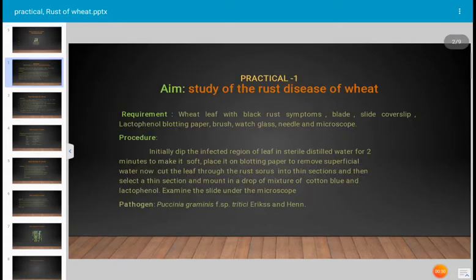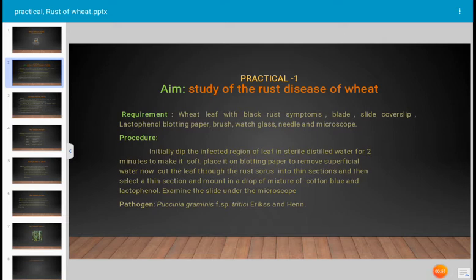The rust disease is of major importance. It is responsible for heavy losses, hence it is a very important disease. Let us see how to do the practical of rust disease of wheat.